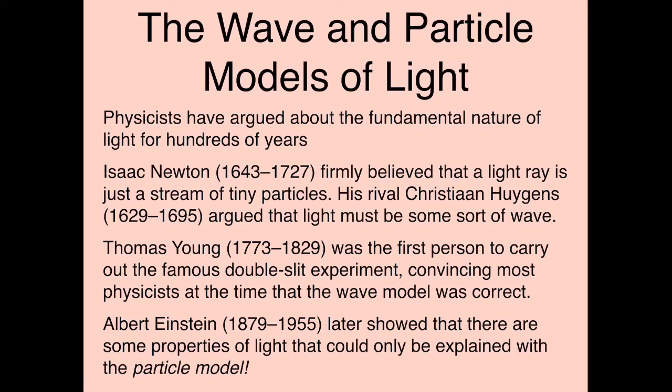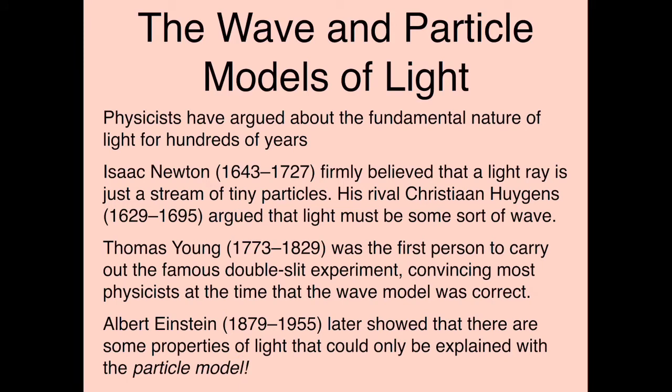Now, if we fast forward in history about 100 years or so to the early 1800s, this guy Thomas Young comes along and performs an experiment which we now call the Double-Slit Experiment. And I'll tell you a lot about this experiment throughout the chapter. We'll keep coming back to it.